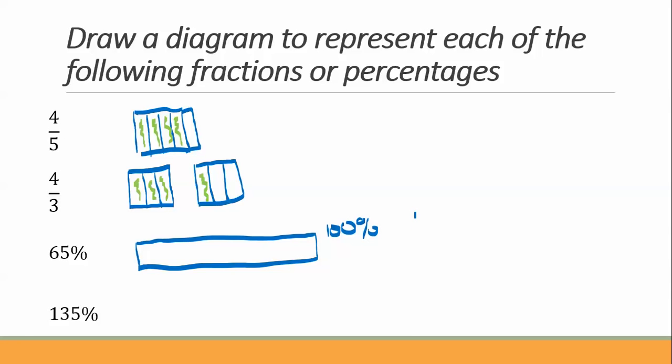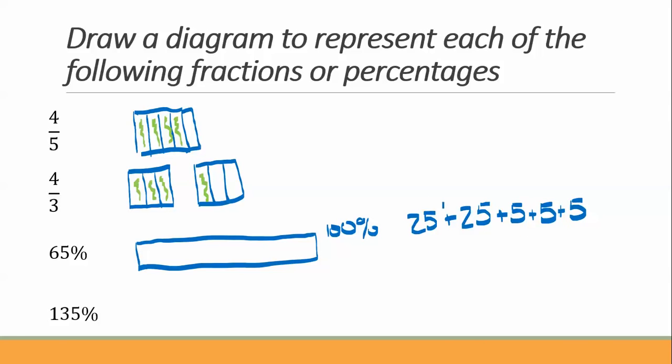So if we divide it into 25s, we have 25 plus another 25, that's 50, plus 5 plus 5 plus 5. 25, 50, 55, 60, 65.